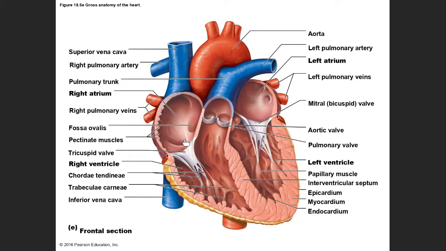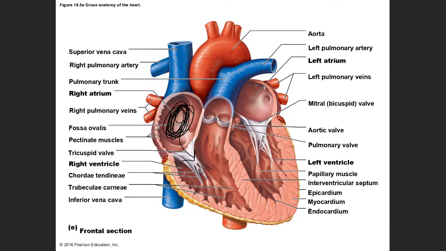Low oxygen, poor oxygen. Okay, so as blood accumulates here in the right atrium, pressure will increase in the right atrium. The increase of pressure will push the tricuspid valve open, and we said those valves open one way.